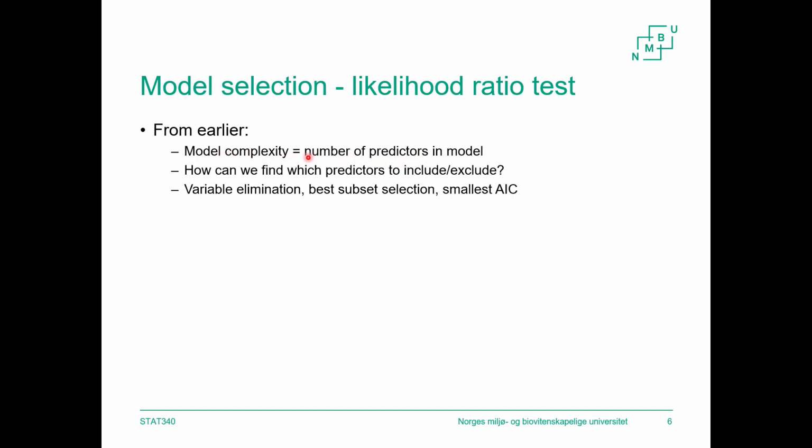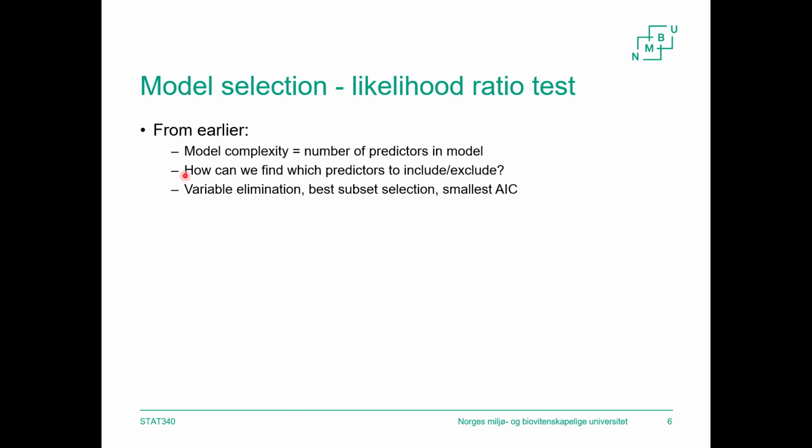It should actually be the number of parameters in the model. In linear regression, the number of parameters is the same as the number of predictors: there is one regression coefficient for each predictor, plus 1 variance. So the number of predictors plus 1. That's the model complexity.